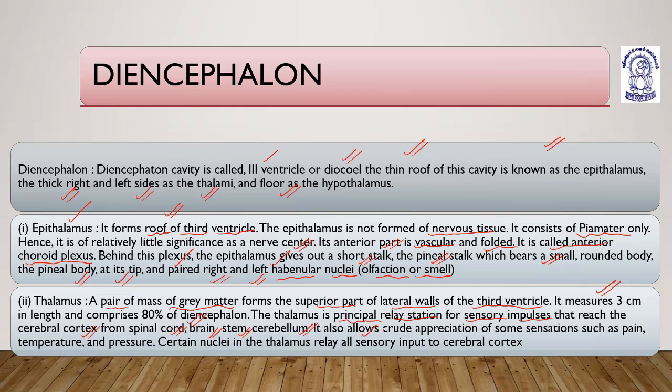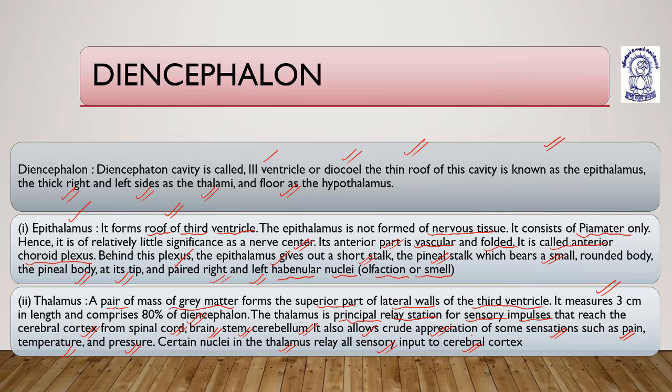It also allows crude appreciation of some sensations such as pain, temperature, and pressure. Certain nuclei in the thalamus relay all sensory input to the cerebral cortex.